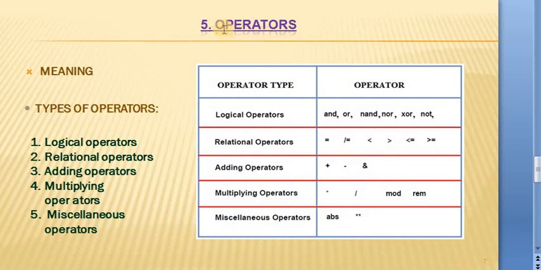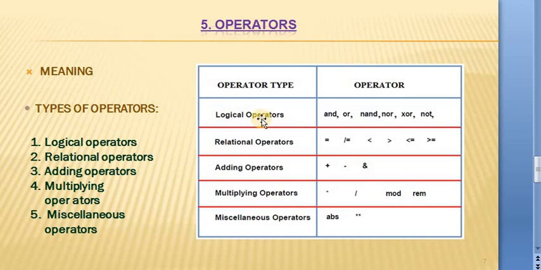So what is the meaning of operator in the VHDL? The definition says that operators are those which are used to perform specific operations inside the VHDL code. So there are many predefined operators in the VHDL language. These are logical operators, relational operators, adding operators, multiplying operators, miscellaneous operators. So let's briefly discuss these.